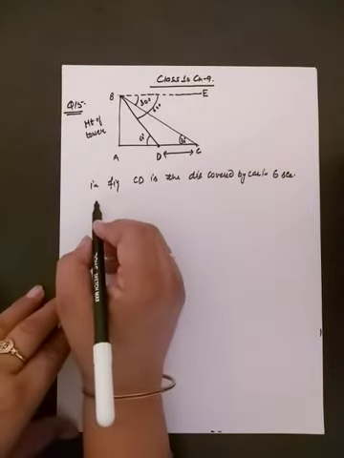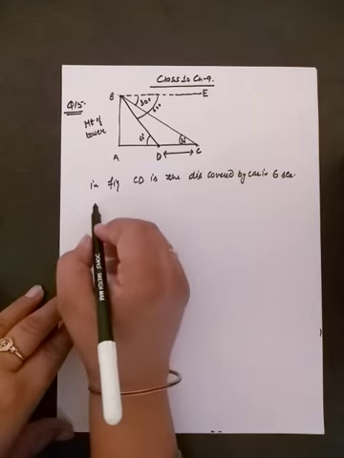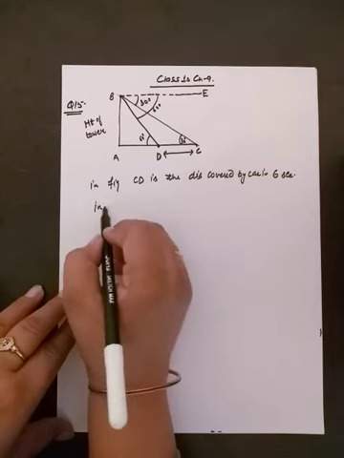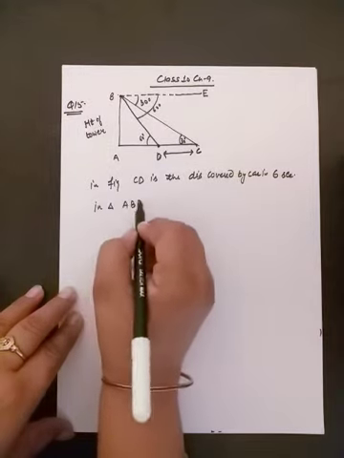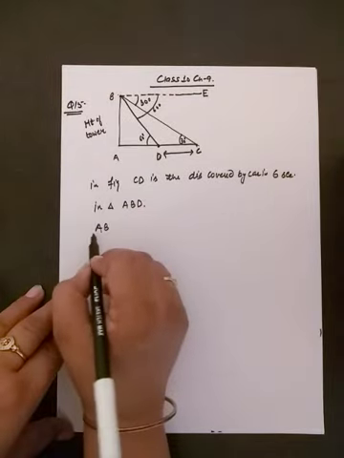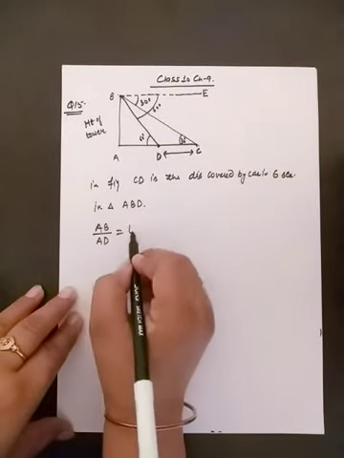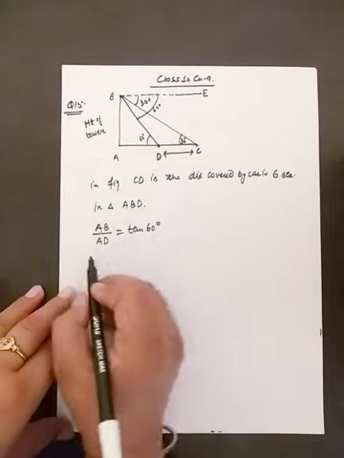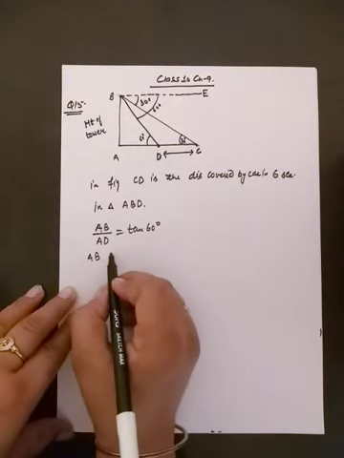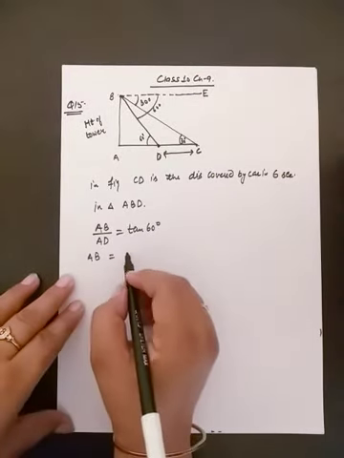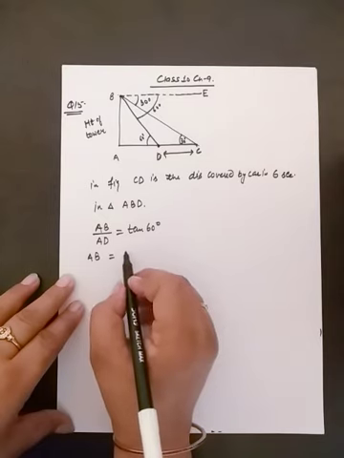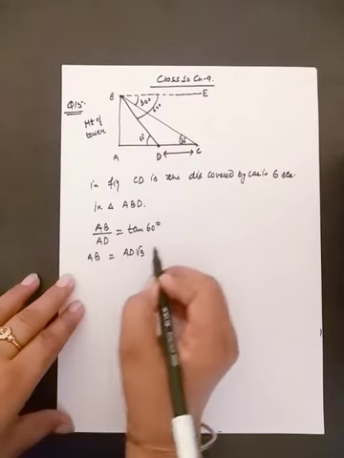So in triangle ABD, AB by AD is equal to tangent 60 degree. So therefore AB is equal to AD root 3.